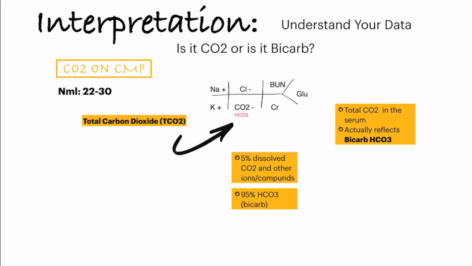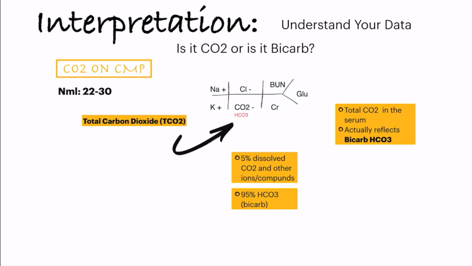Now, the other thing I want to point out on here is this. Most of the numbers I'm going to give you tonight are fairly standard across the boards, with the exception of your bicarb level. Your bicarb level, you are going to see teeny tiny variations across the boards, no matter where you get your information from. You really need to base your normal numbers on what your lab analyzer and your institution uses.